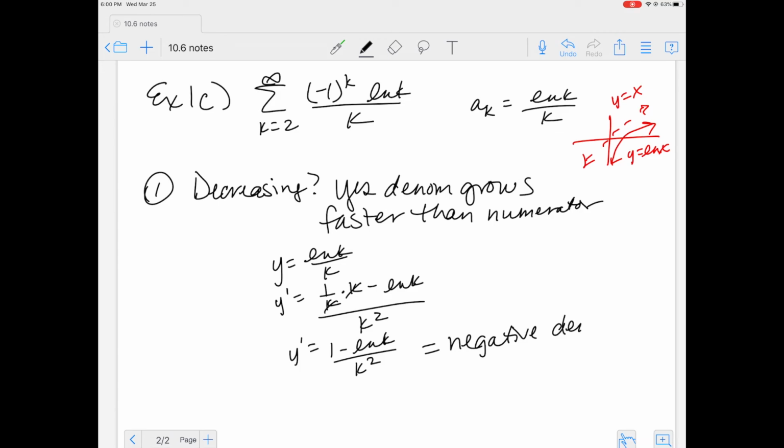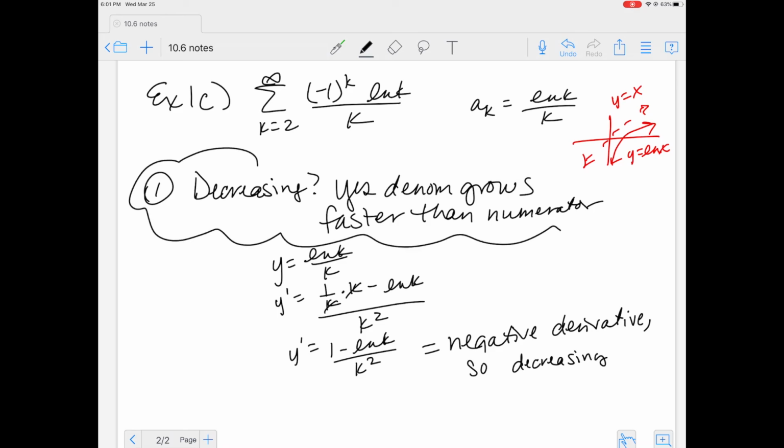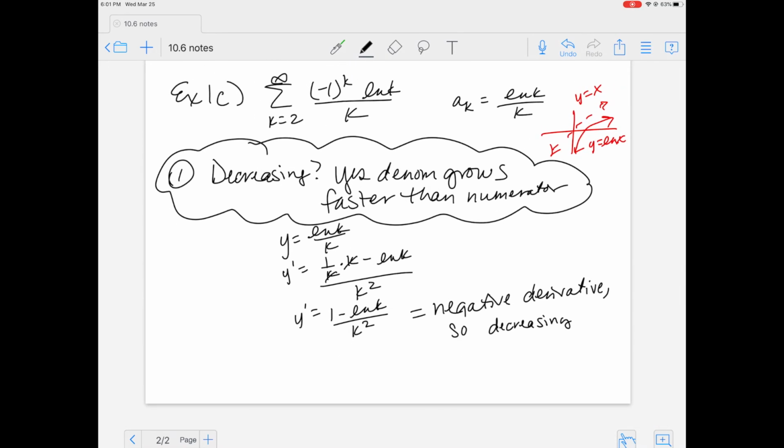Negative derivative, so decreasing. Either way, this in my book is just as easy to do, and we know enough about these graphs in order to pull that off.